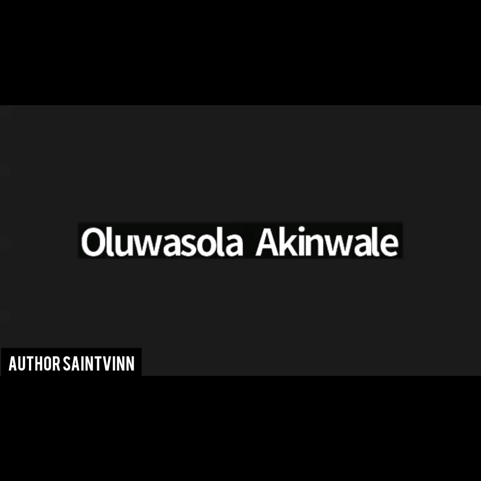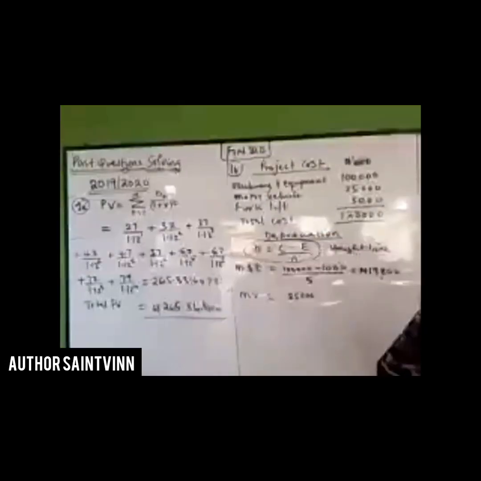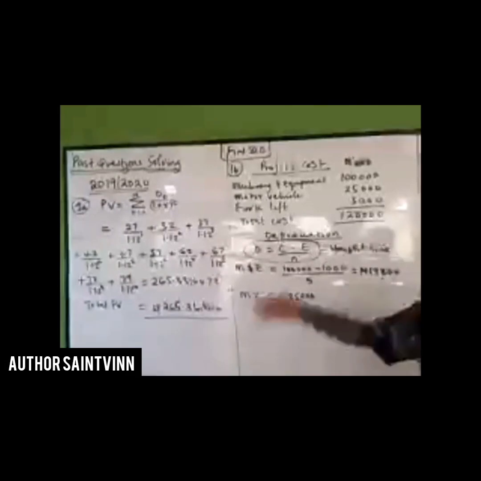Even though we are not seeing depreciation with our eyes, because depreciation is a non-cash expense. Nobody pays depreciation from his pocket and says, I have paid for depreciation. That's why it is called a non-cash expense. In finance, we regard this as an income.